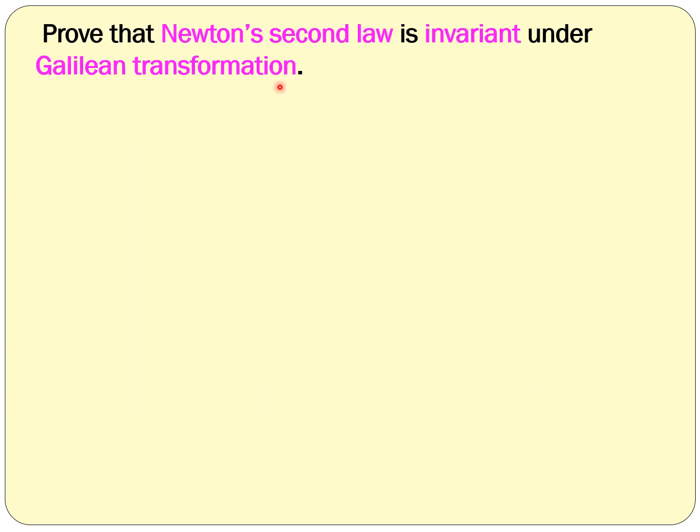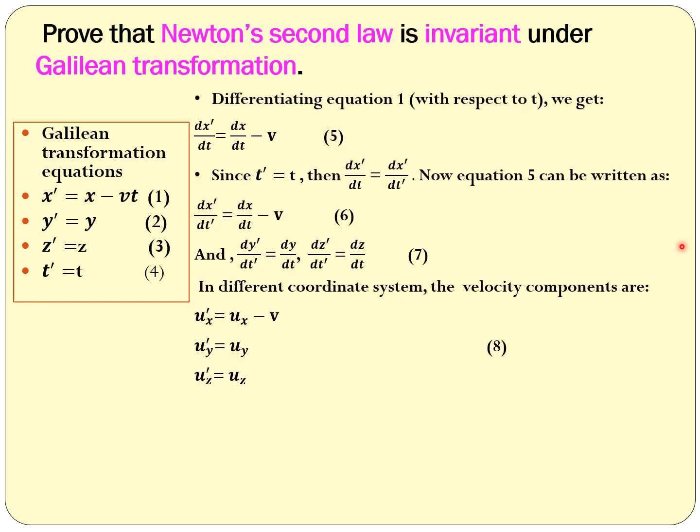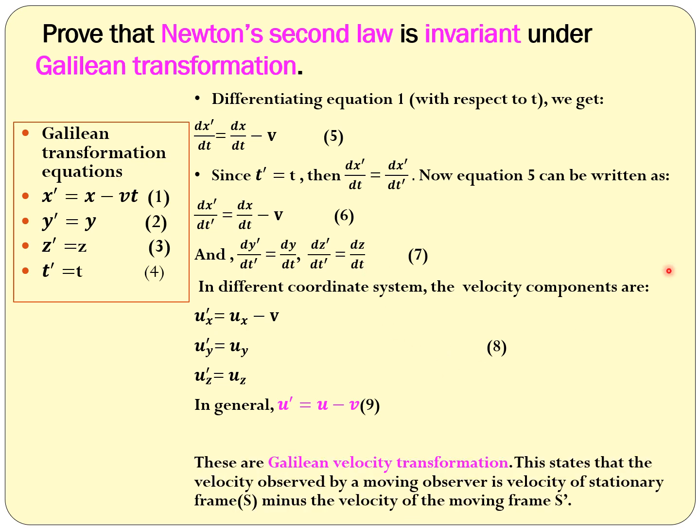And we can prove that Newton's second law is invariant under the Galilean transformation equations, because we already know that F equals ma is Newton's law in, suppose, the rest frame of reference, so it should be F equals m into a prime in another frame of reference, because we have already seen a prime was already invariant, and that's why mass is constant in Galilean transformation equations or in classical physics. So if a prime equals a, then F equals this.